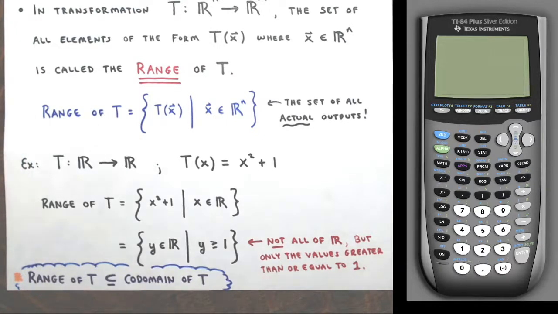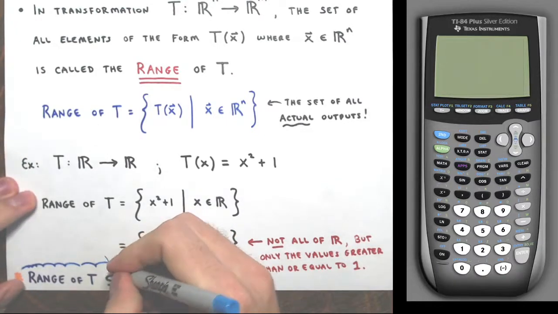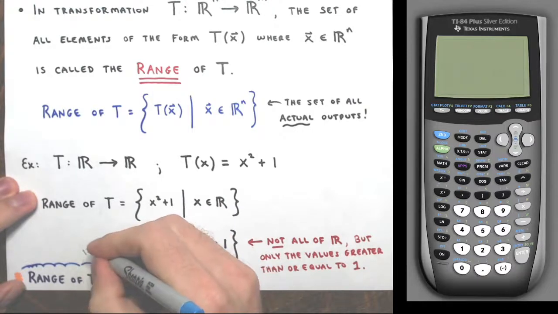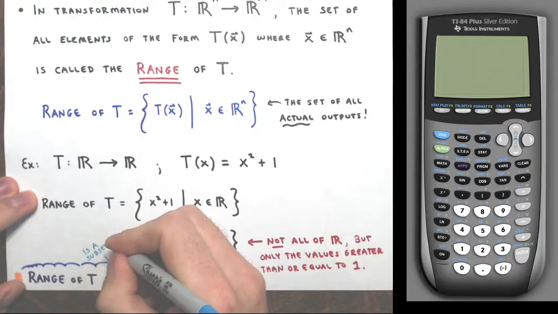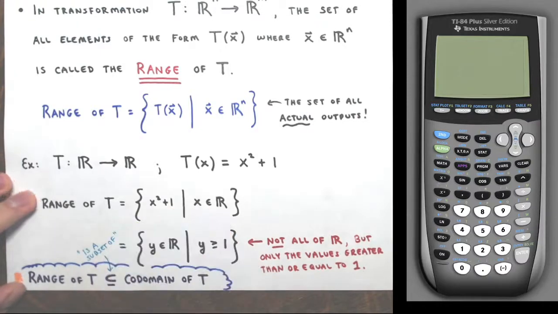Again, this symbol means a subset of, meaning that every value in the range is in the codomain, but not necessarily the other way around.